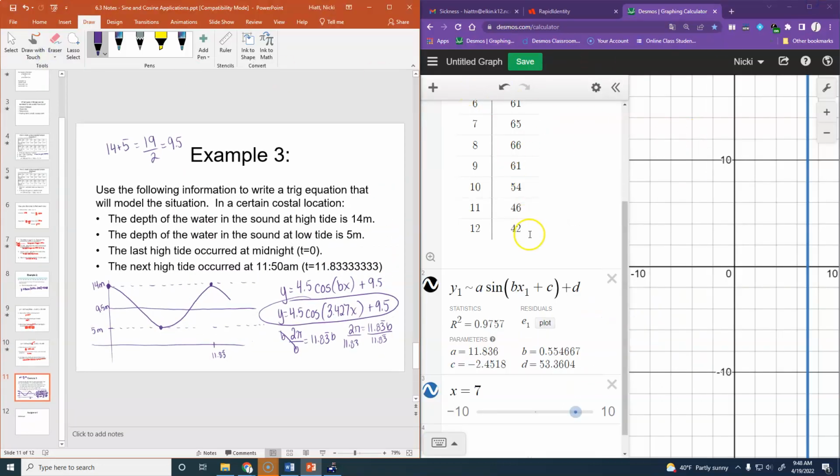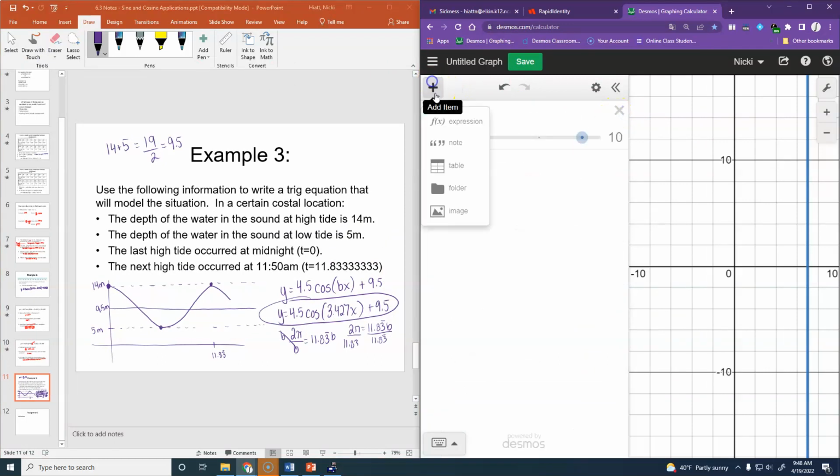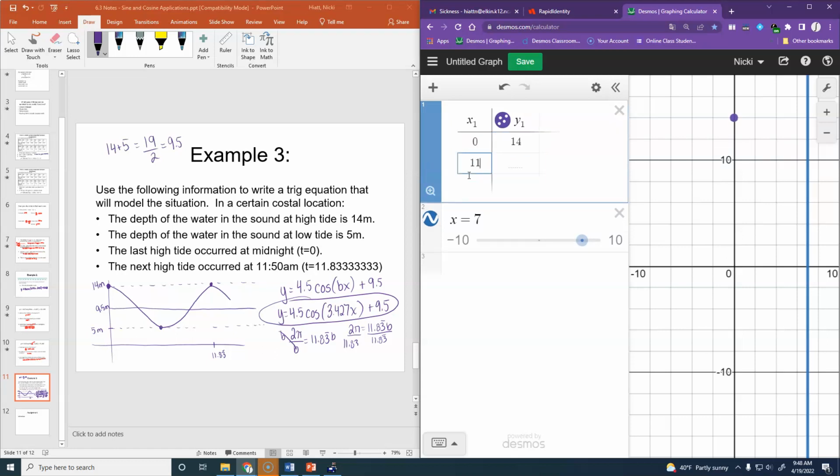I know Desmos can't do it with only 2 points. Let's see if it'll work like this. So we know at 0, we've got 14. And then we know again at 11.83 repeating, we've got 14. So let's see if it will work.